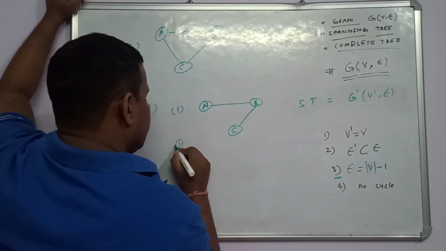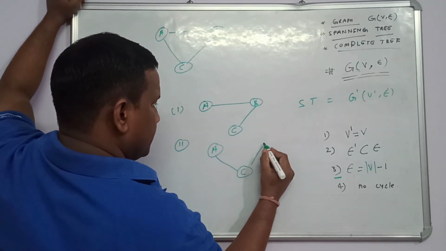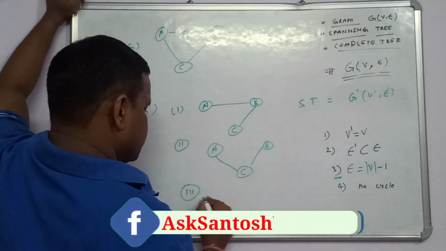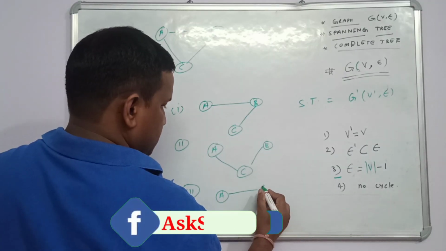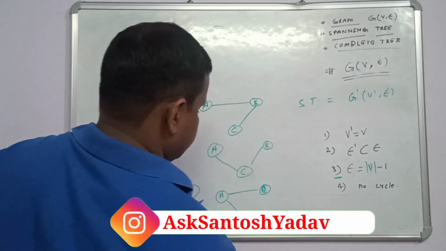Okay, second will be we can also connect AC and B. Correct. Similarly we can make another spanning tree, that is A. This is another example of spanning tree.